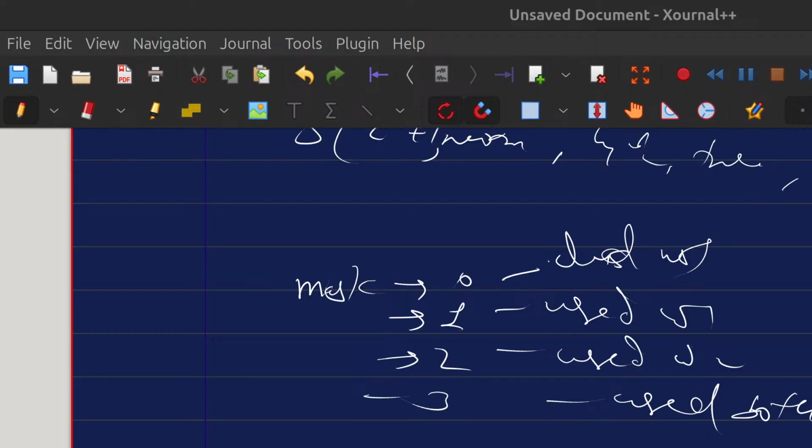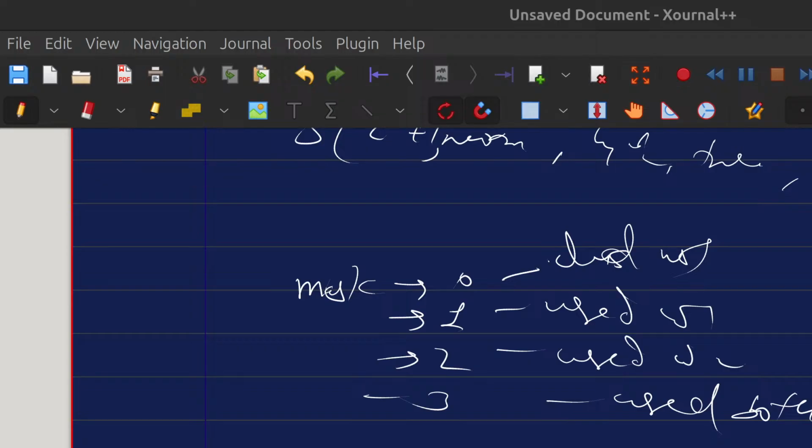Okay, now we have the answer. How do we define this? Answer is dp of target, comma last 1 plus 1, comma last 2 plus 1, and mask. This is the answer.